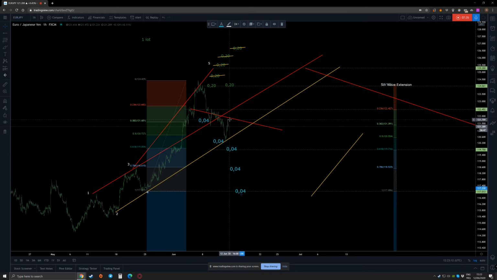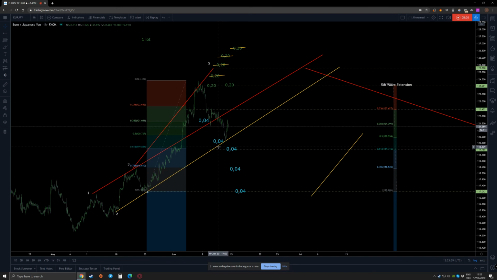Now you should still be on the trade with your stop on break even because you already took 1 and 2. And if the market does something like this, you could close this position and you will still get some profit.